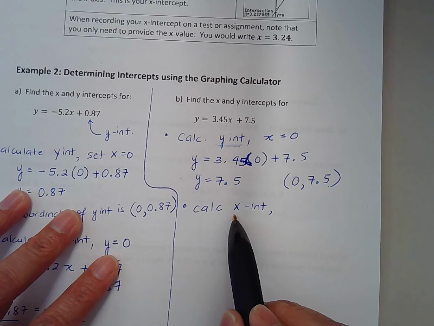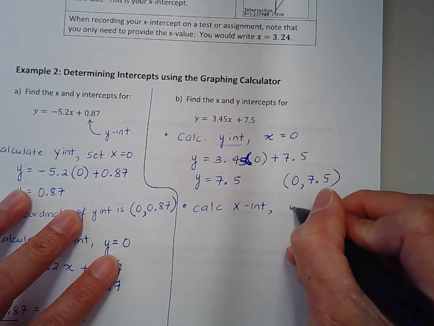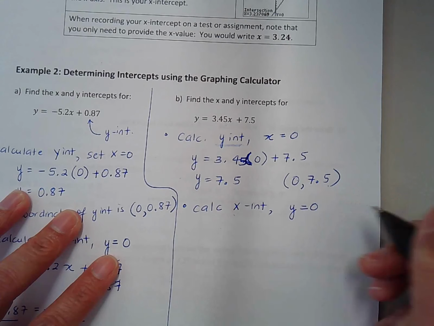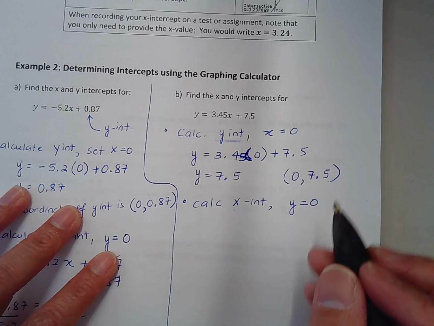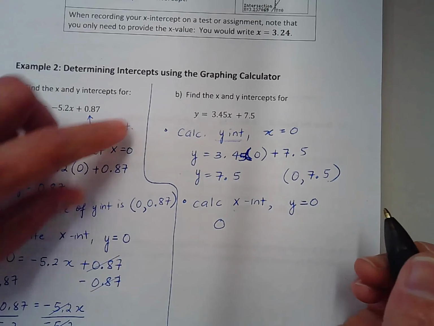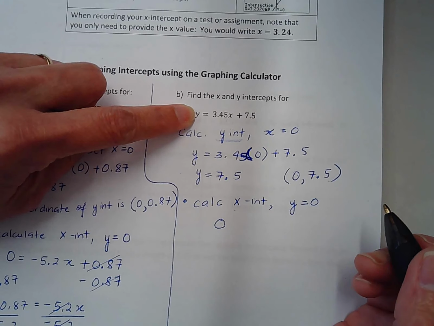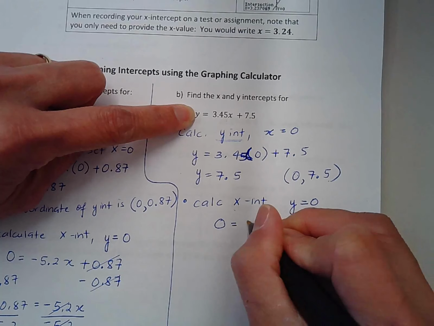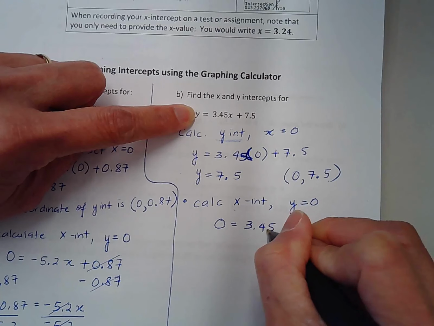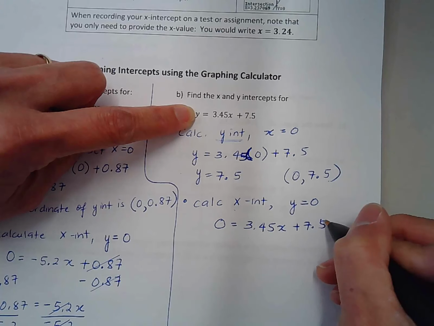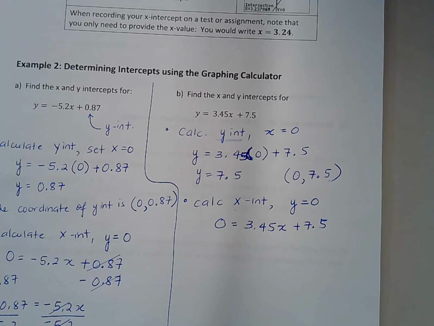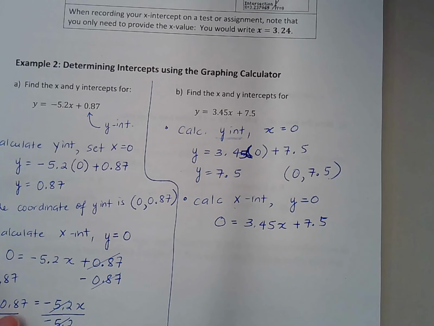What we're going to do is manipulate this equation to solve for x. What's the first step? Take away 7.5 on each side. What you do on one side, you've got to do on the other. So 0 minus 7.5 is negative 7.5 equals 3.45x.